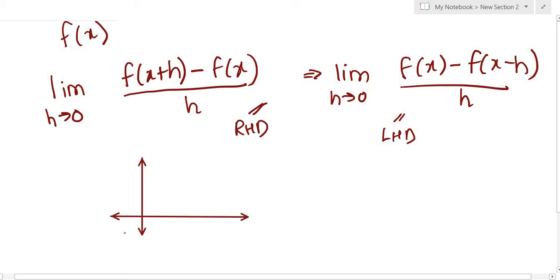Say f of x is something like this, and you have this point here, say x. So when we are considering the right hand derivative, we are taking a value slightly greater than x. See, this is x plus h, not drawn to scale, please note. Then naturally this is f of x, and the corresponding point for x plus h is f of x plus h.